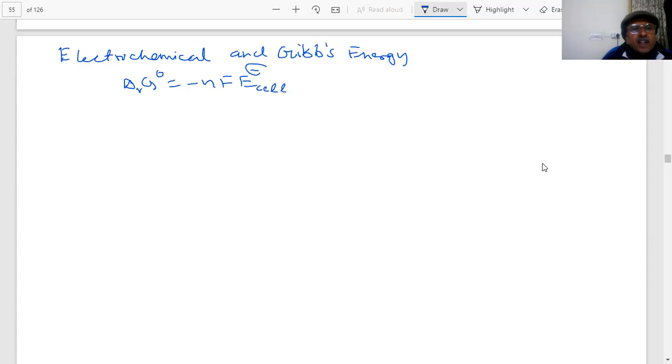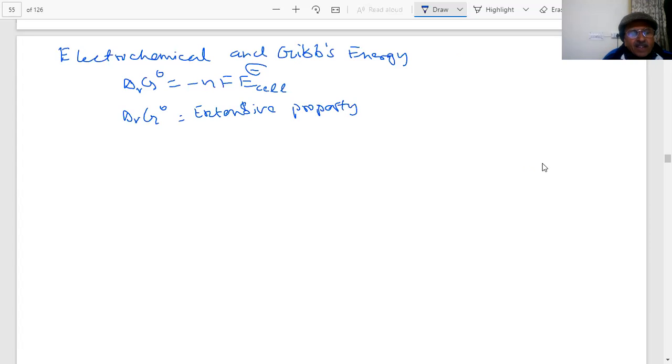You can see that delta rG0 is an extensive property. It depends on the moles. n is the moles of the electrons used in the reaction. It is an extensive property, so it depends on the n value, the number of moles of electrons involved in the reaction.